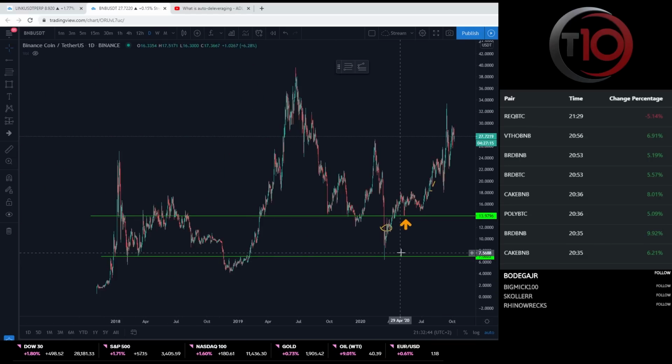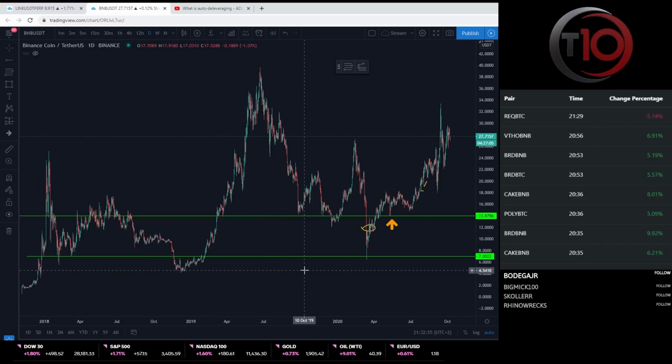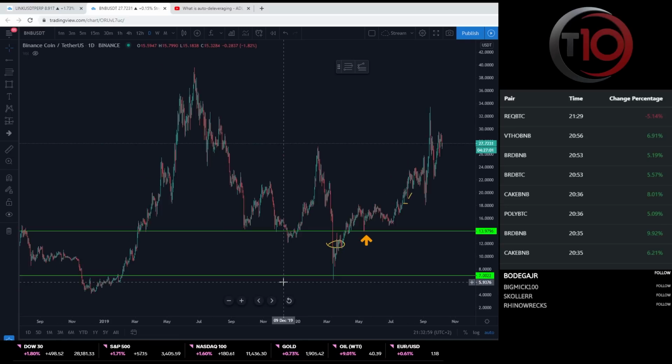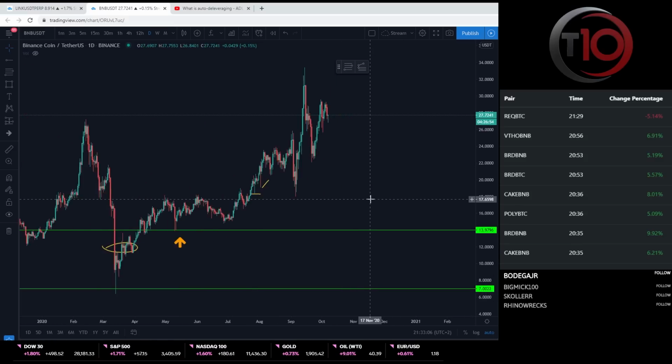Actually, I'm so annoyed I didn't buy more Binance coin here because it did a perfect move like Bitcoin did. It's super annoying, but it's okay. I think I bought like 200 and I wanted to buy like 5,000. It happens.